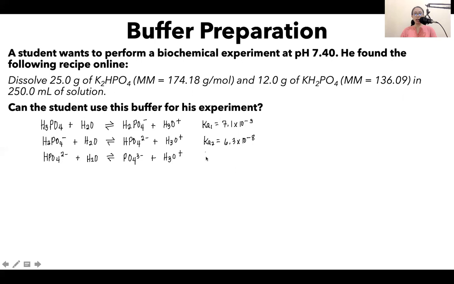And the Ka for the third step is equal to 4.5 times 10 raised to negative 13. The corresponding pKa values: for the first one, it's 2.15. The second one is 7.20. And the last one is 12.35.